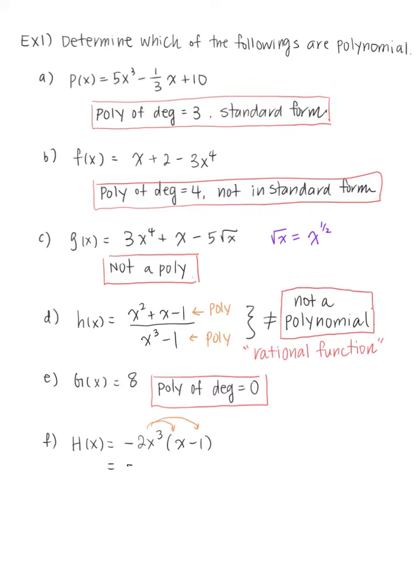We're going to have negative 2x to the fourth plus 2x to the third. Isn't this nothing but a polynomial of degree 4? In fact, it's written in standard form. So yes, this is a polynomial of degree 4, and this is in standard form.